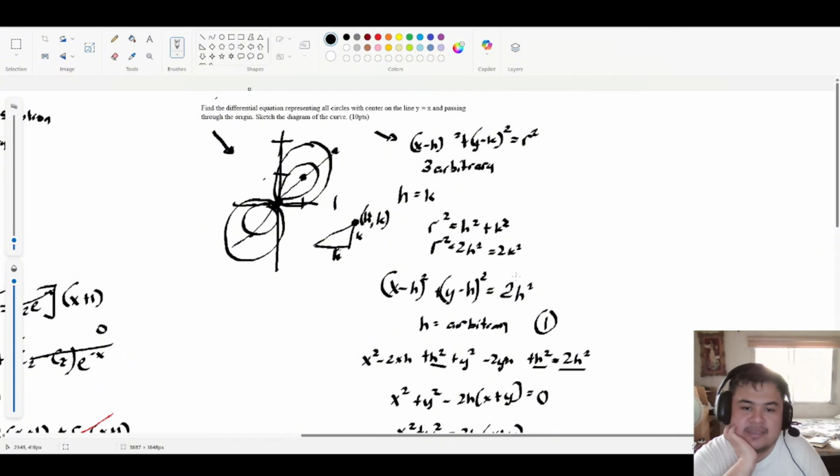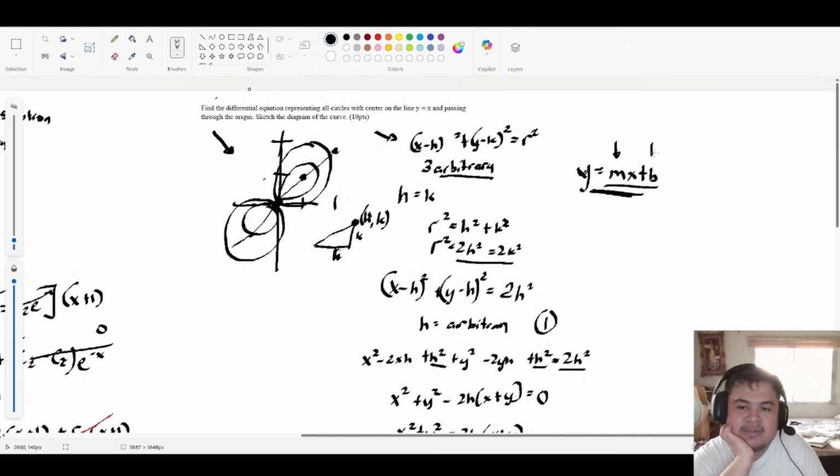Definitely the important thing here is before you do the elimination of arbitrary constant, you are able to discern the relationship of the arbitrary constants. Because if you use the general formula, for example, the line y equals mx plus b, without finding any relationship for that, you're probably going to be differentiating twice, because there are two arbitrary constants besides your y and x.